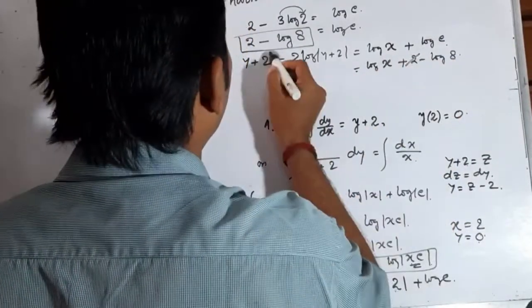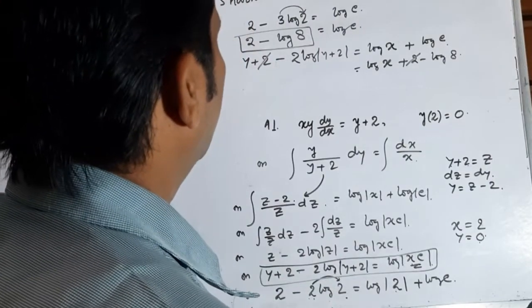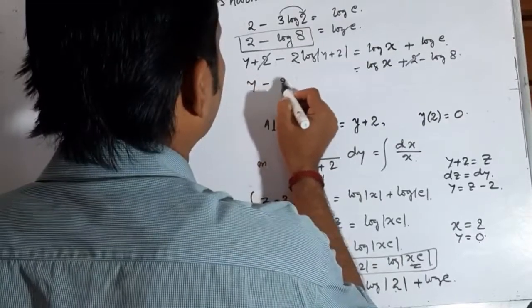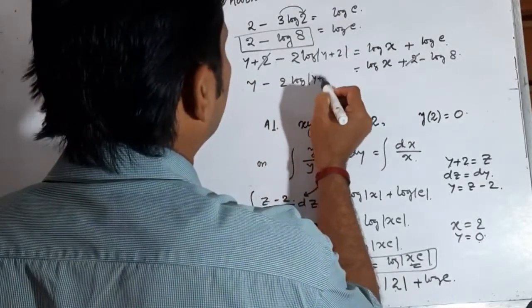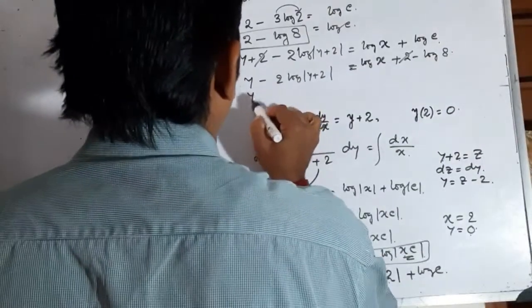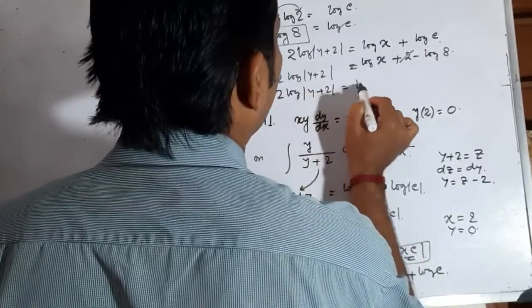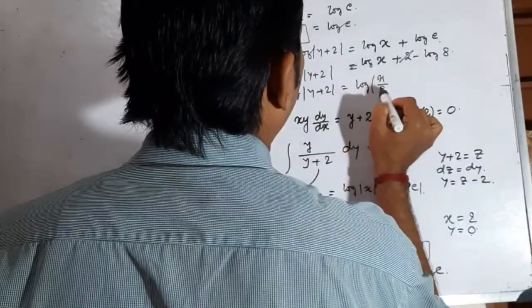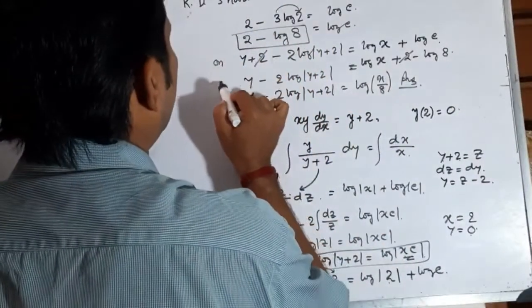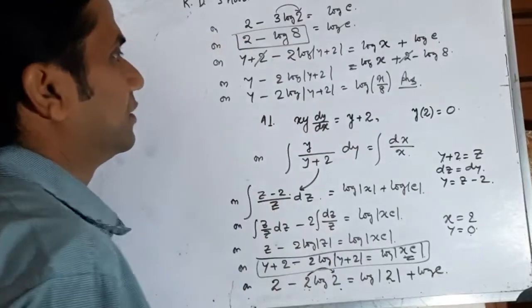Now we get the required result: y minus 2 log(y + 2) = log x minus log 8, or y minus 2 log(y + 2) = log x by 8. This is your required answer.